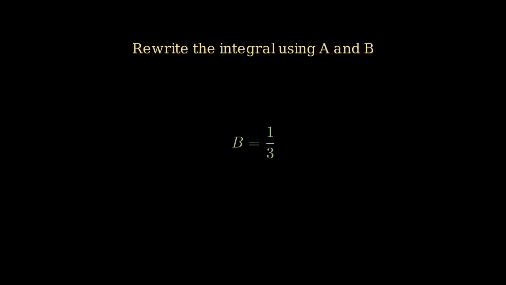Now we rewrite the original integral using these values as the integral of open bracket (8 over 3) divided by (x minus 1) plus (1 over 3) divided by (x plus 2) close bracket dx.